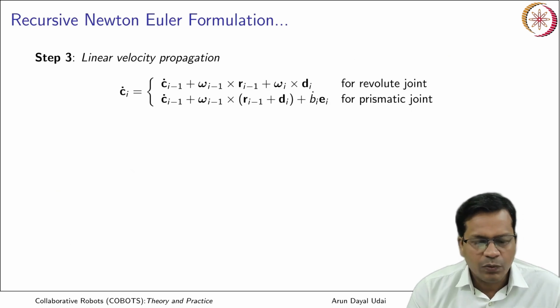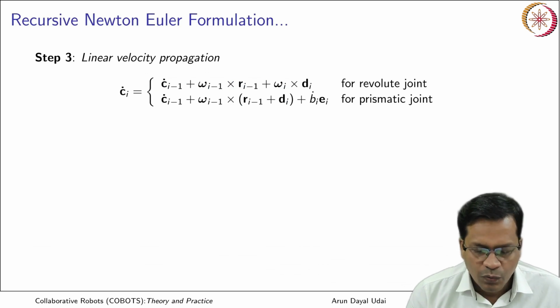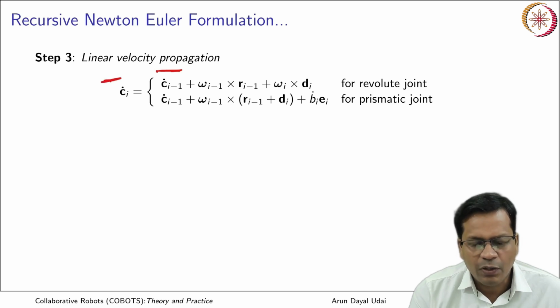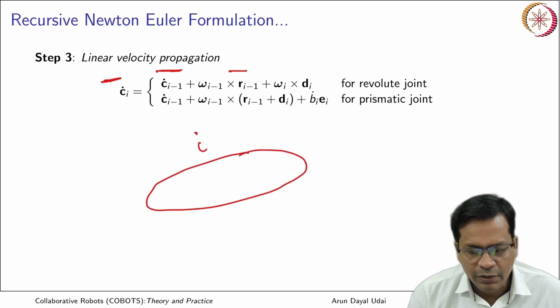Now let us look at linear velocity propagation, how it works. So whatever is the velocity of the previous link directly comes to the ith link also, and these are the distances. So, this was your link, this is the mass center location, this is Ri, and you have Di which was here. Okay.